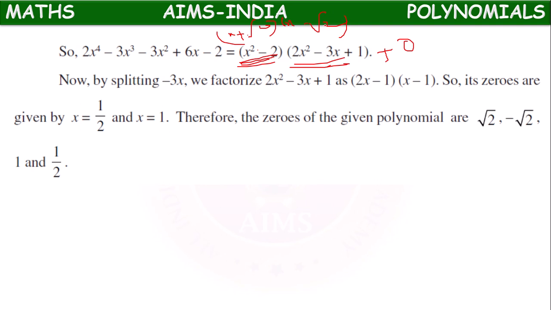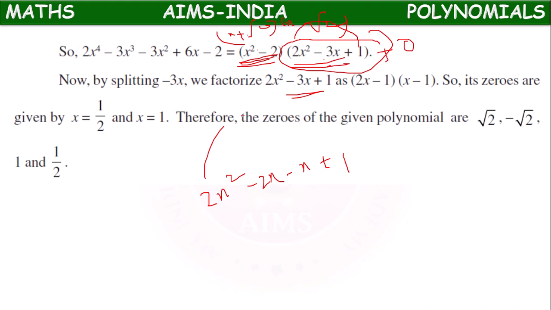For finding 2 more roots, whatever remaining factor is there, we have to split the middle term such that the product is equal to the product of the first and last terms. So we can write it as 2x square minus 2x minus x plus 1. Then the product of the middle terms equals the product of a and c. Yes, it is equal.